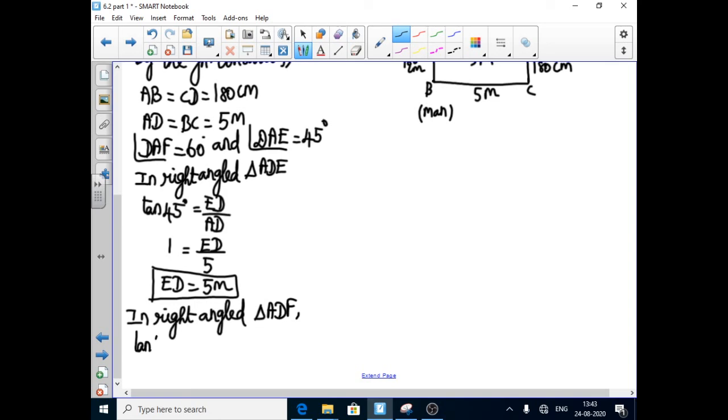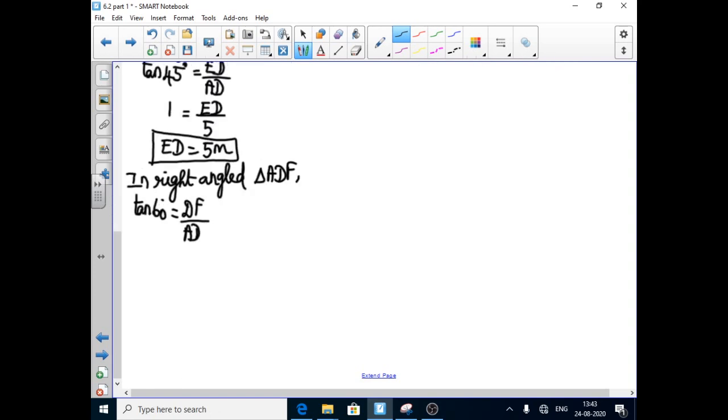So tan 60 is equal to the opposite side, which is DF, by the adjacent side, which is AD. Tan 60 value is root 3. So root 3 is equal to DF, which we don't know, divided by AD. AD is 5 meter. So DF is equal to 5 root 3.